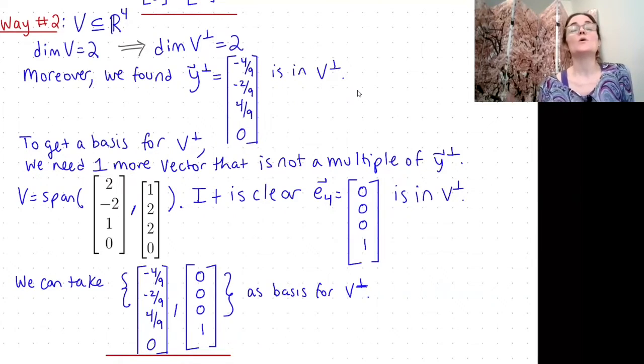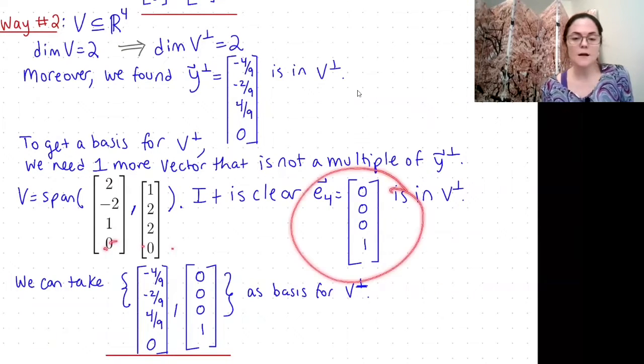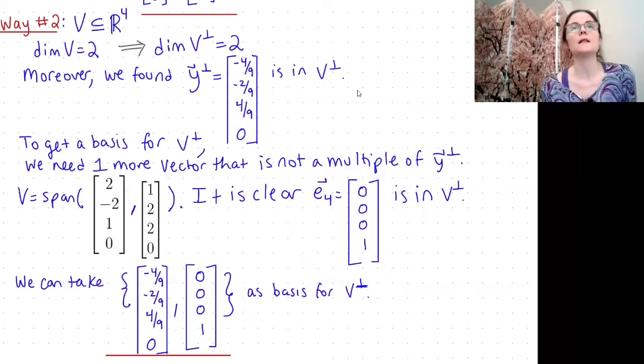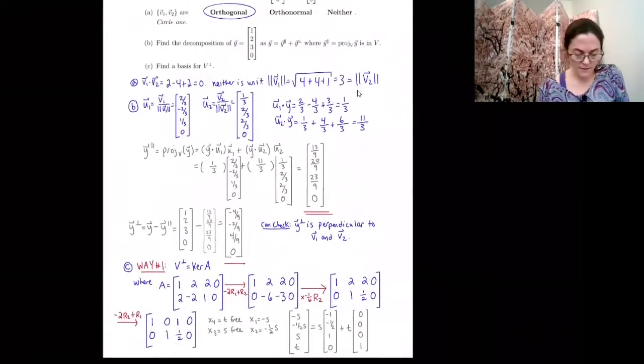Okay, well, the question might become, what if I didn't have zeros here? It's not so easy to always spot an element that's perpendicular to a collection of vectors. So this is why I said this was way 2. And way 1 is the way I would go about it. Let's go back.